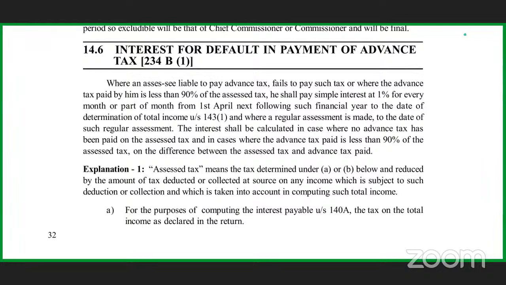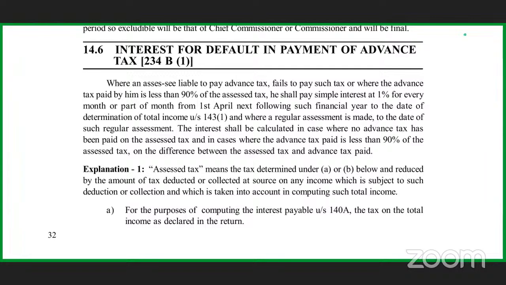Just look at here, assessed tax means the tax reduced by the amount of tax deducted or collected at source, which is subject to such deduction or collection. So as an assessee, it's not like I'll pay the tax at one time. No, every month or quarterly, the organization where I am working has to submit it to the income tax department.